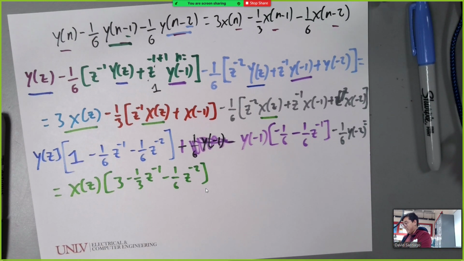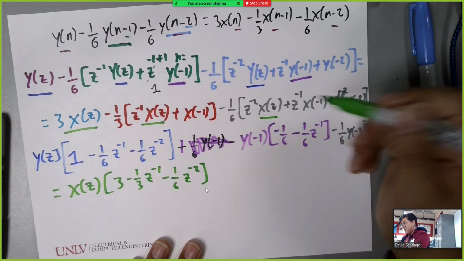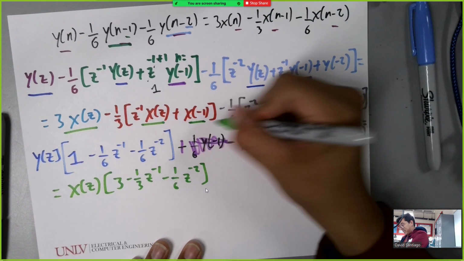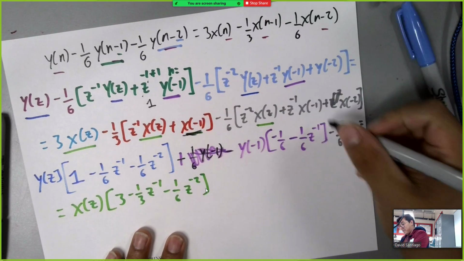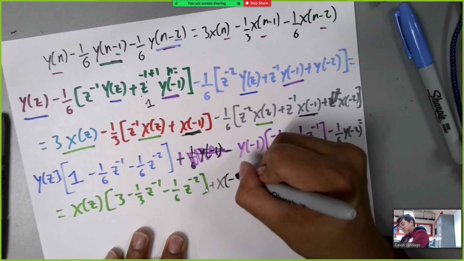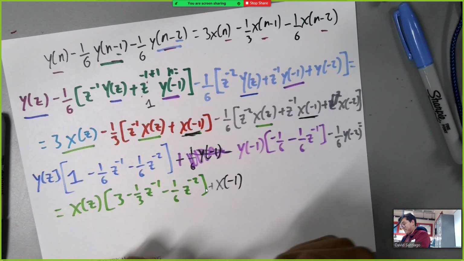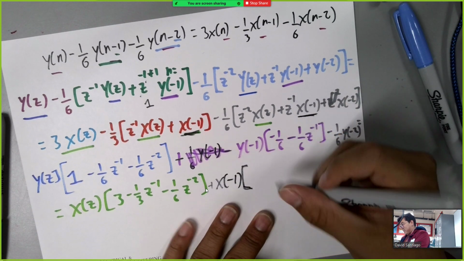And then, let's just finish it. Okay, let's look at this minus 1. Should I use a different color? Okay. Minus 1 and a minus 1 plus x of minus 1. This marker is bad. Let's finish it. Oh, nope, doesn't want to work with us.